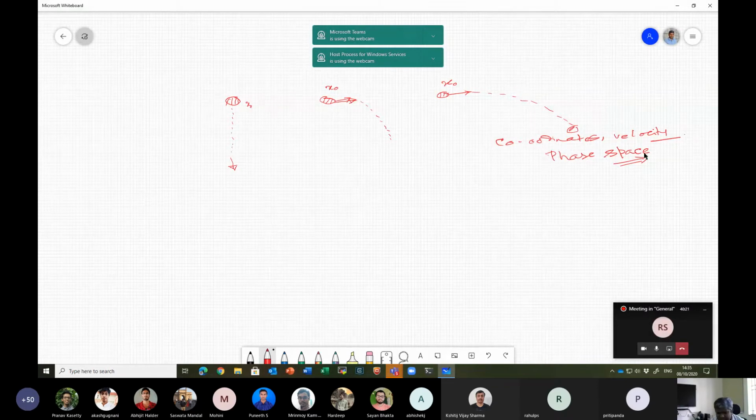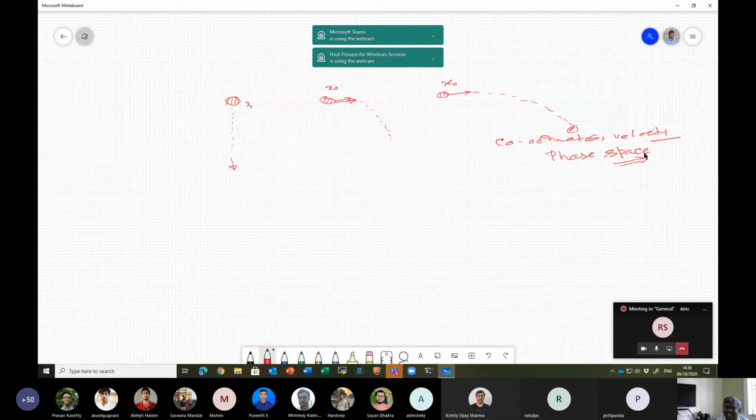Whatever the topic of research you are going to do, you would always have heard this thing called the phase space. So for any space where you want to describe a system, you need at least two things: the coordinates and the velocity. That we call the phase space.